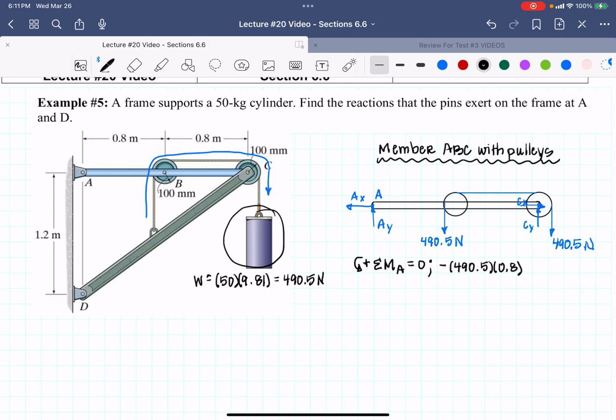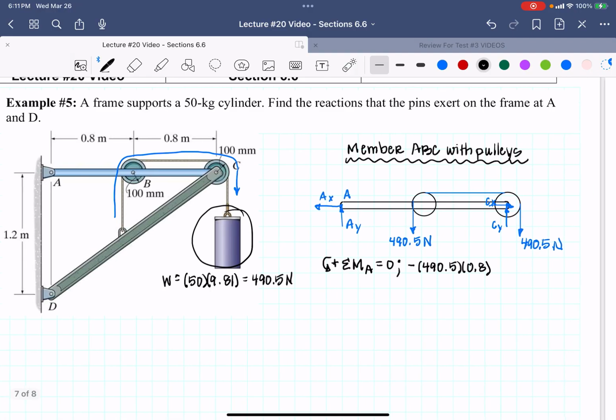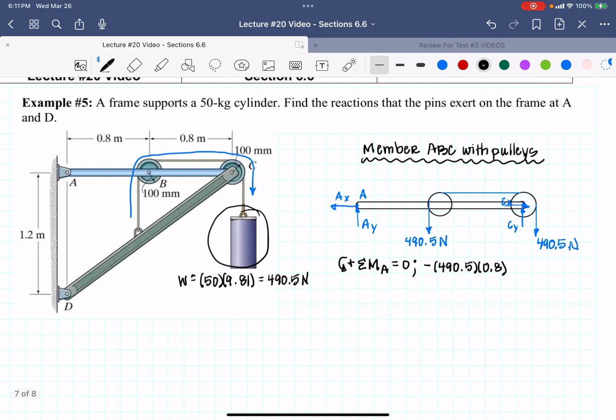C of X doesn't have any impact. And then I've got 490.5 also in the negative direction at the end, and that's all the way out.